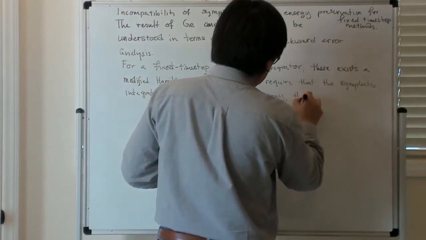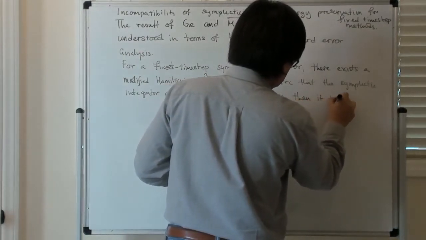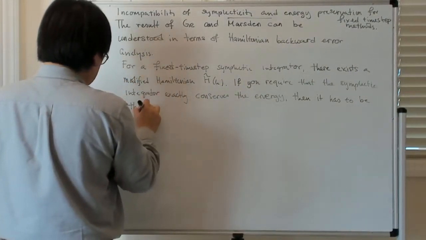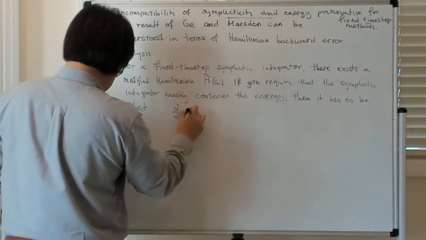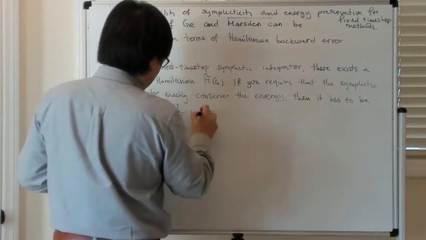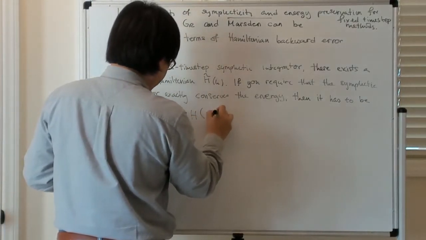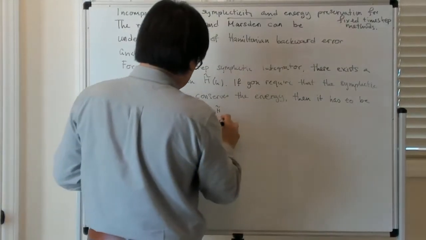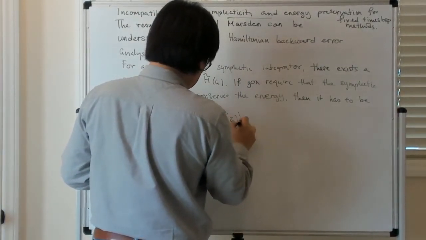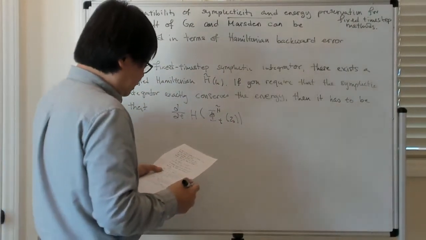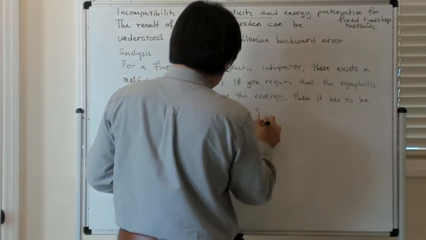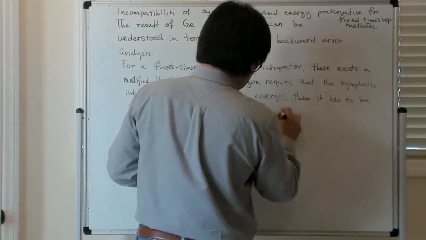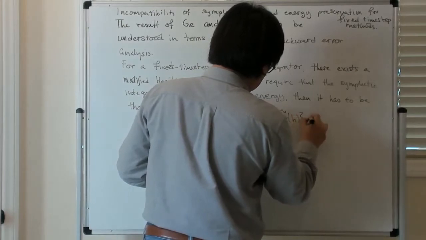Then it has to be that the time rate of change of the original Hamiltonian evaluated along the flow map associated with the modified Hamiltonian, or the flow of the modified Hamiltonian, is, of course, just by definition, the Poisson bracket of H with H tilde, and that has to be 0, right?